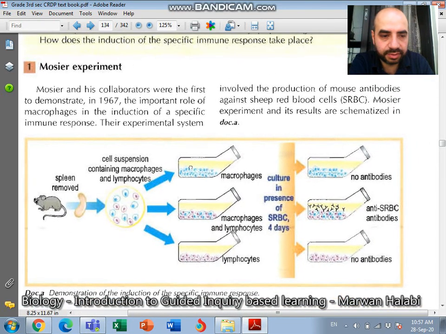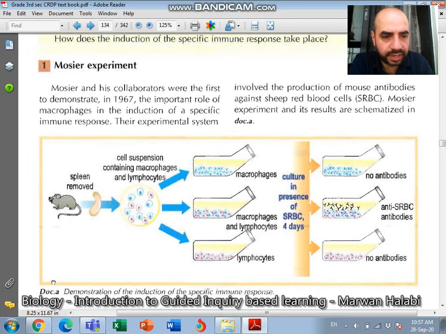Let's take this example. For example, document A talks about Moisier's experiment, which was done in 1967. If we want to describe this experiment, we say that we remove the spleen of a certain mouse and we take the cell suspension from the spleen consisting of macrophages and lymphocytes and distribute them to three different culture media. The first one will contain only macrophages.